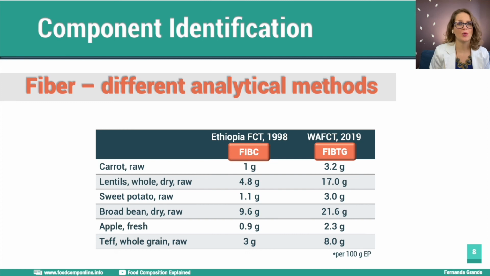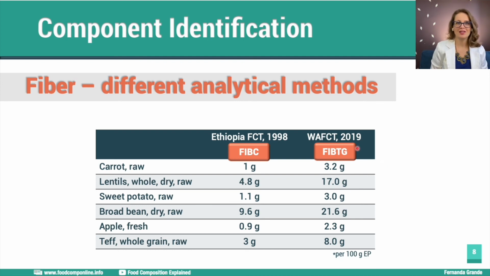In this case, the problem is related to the methodology that was used to analyze the components, and the crude fiber presented here in the Ethiopia table should not be used. This is an obsolete method and it underestimates the dietary fiber content, as we can see here. So we should not use these values for dietary fiber from the Ethiopian food composition table. We should prefer food composition tables that bring the total dietary fiber values.